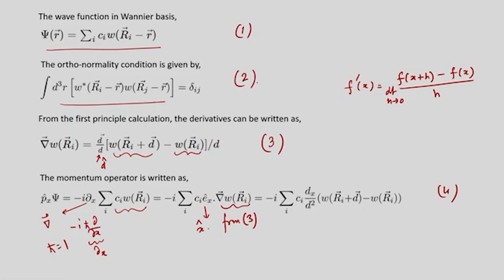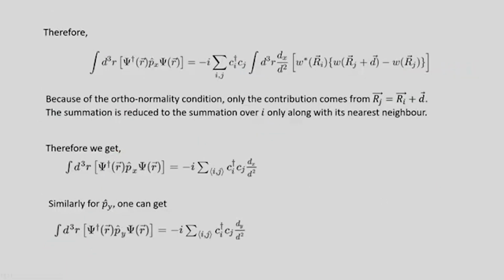Now, this quantity is no longer a vector, because you have dotted with an x cap direction, and this x cap comes because we have taken p_x. For p_y we would get a y cap here. So what we land up with is an operator, and then this d_x over d square and the difference between the Wannier functions at the consecutive, or nearest neighbor, sites.